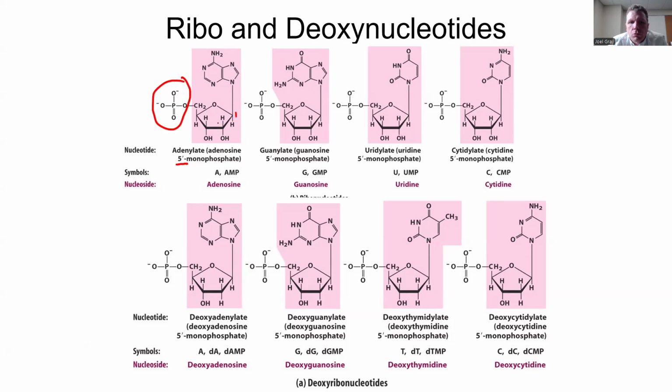This is 1, 2, 3, 4, 5. Well, if I'm asking for atom number 1, I also have numbers on my bases. So this is 1, 2, 3, 4, 5, 6, 7, 8, 9.